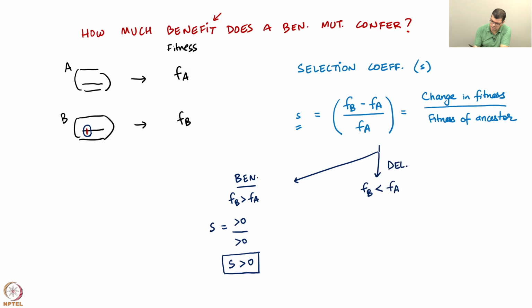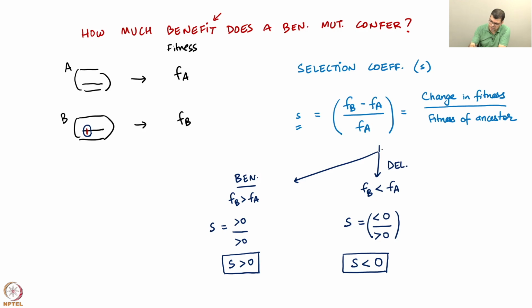In which case S will be a number which is less than 0 in the numerator and greater than 0 in the denominator, and hence S is a number which is less than 0.